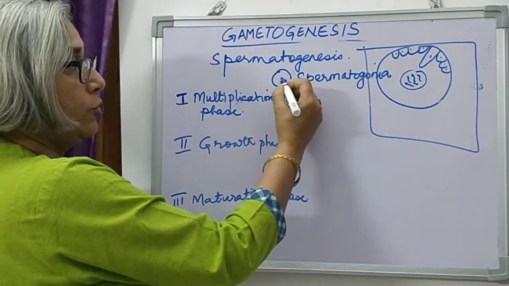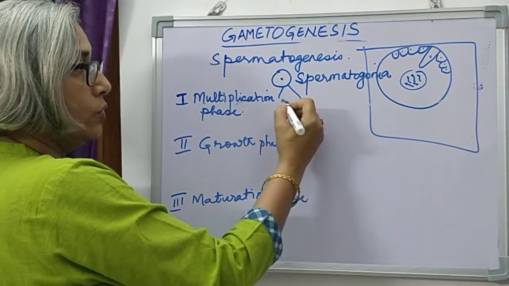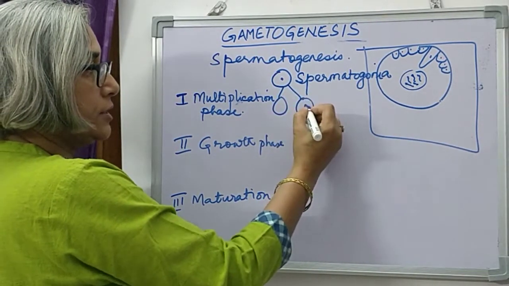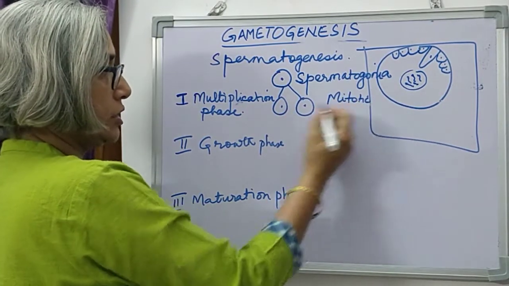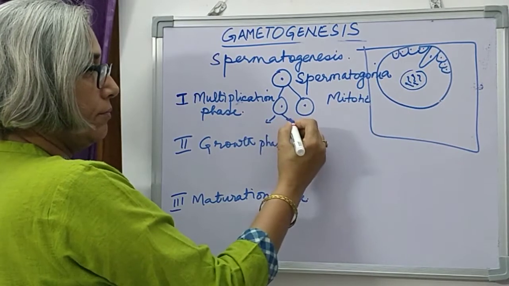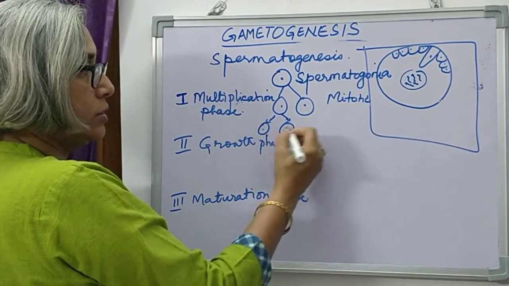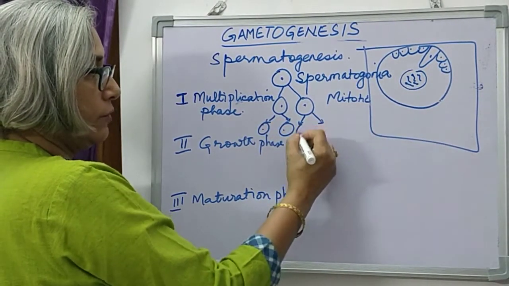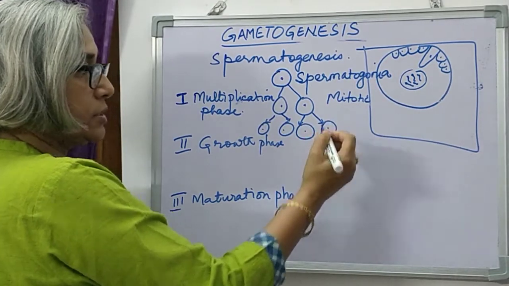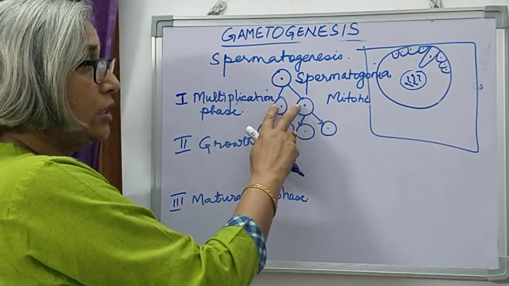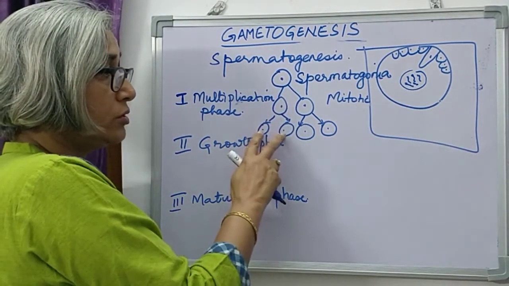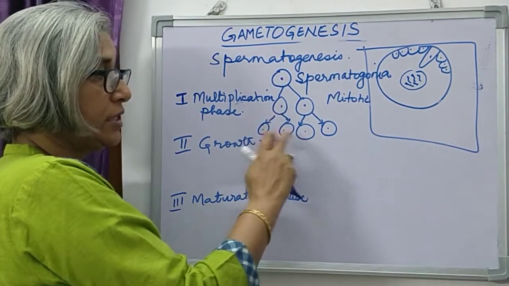Now these spermatogonia undergo several divisions, and all these divisions are mitotic in nature. You have already learned mitosis and meiosis in detail in class 11. So from one cell 2 are formed. These divide again. Each cell forms 2 cells.